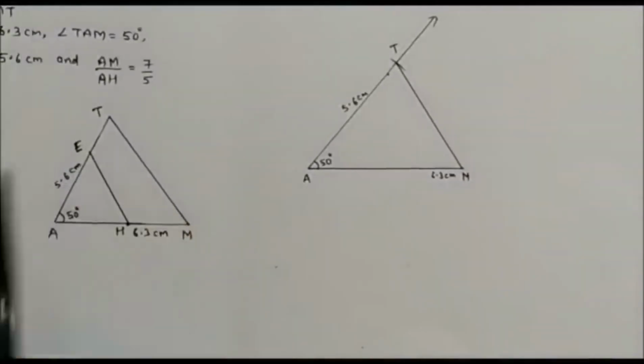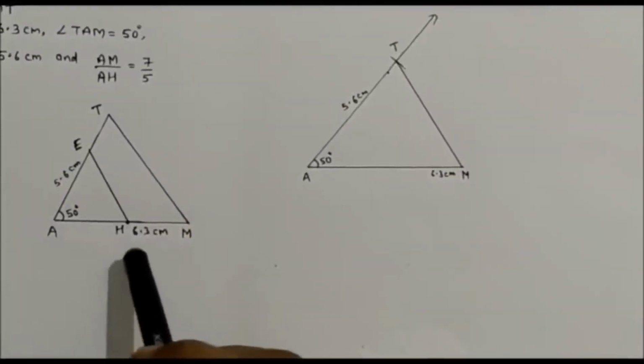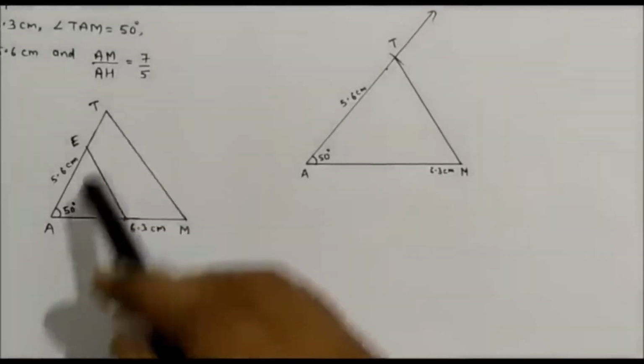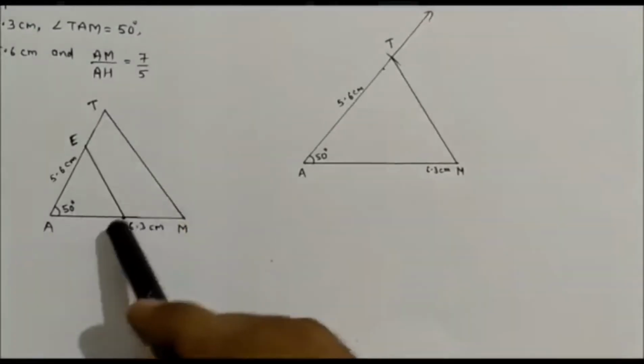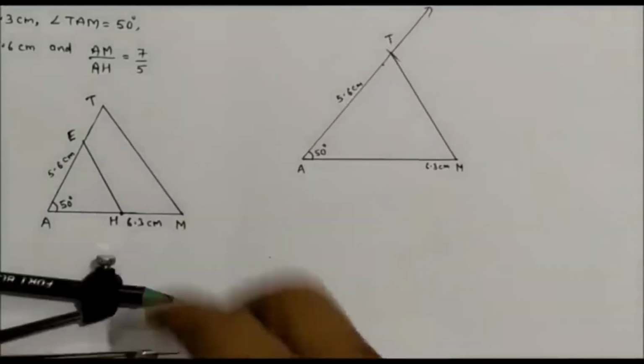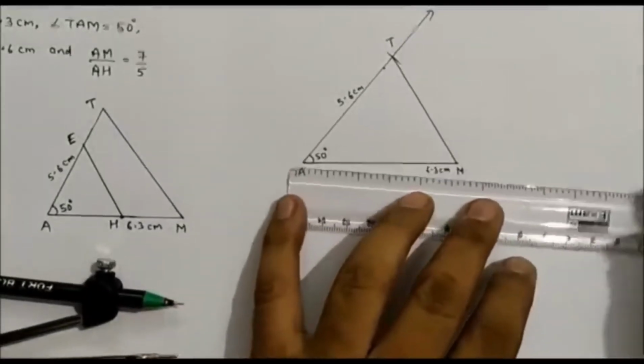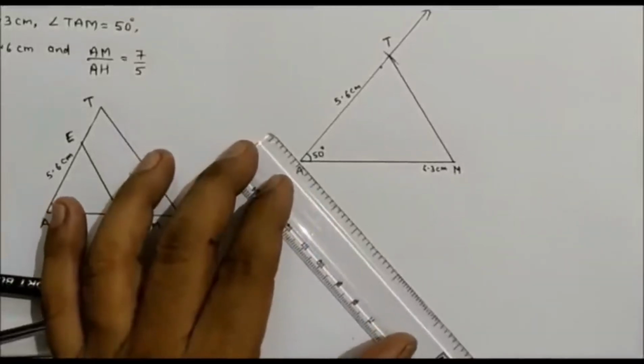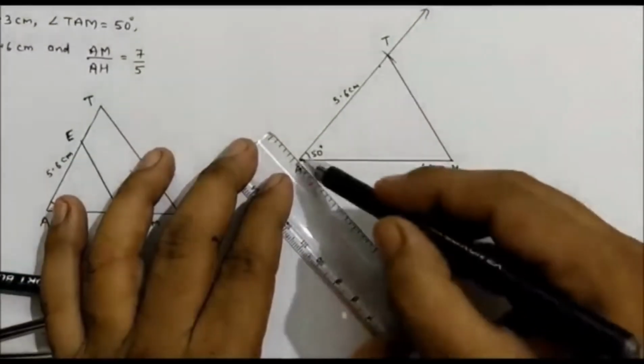As you can see in the rough figure, you have got triangle AMT and this triangle AHE. This HE is inside this triangle. So how do we go about that? For that, you can draw an acute angle here at this point.